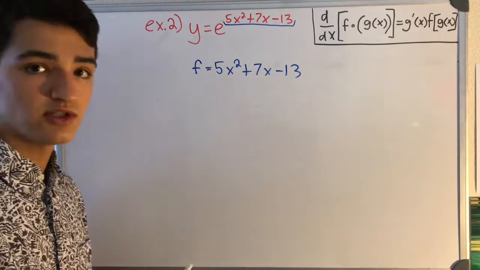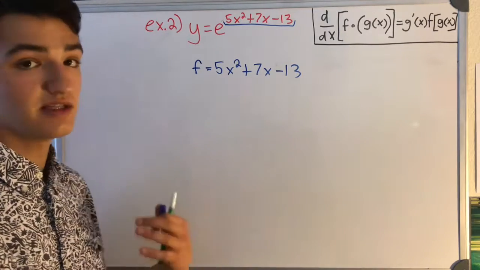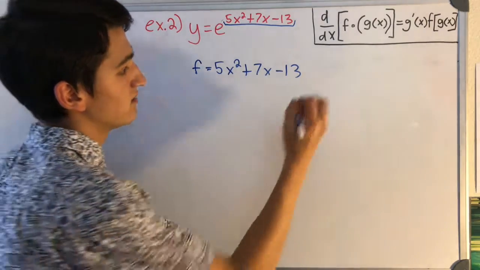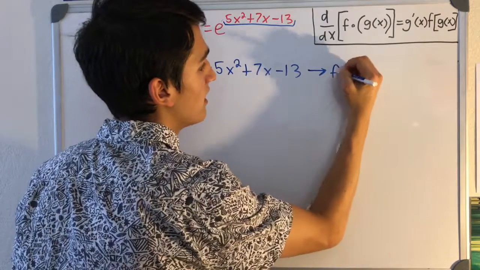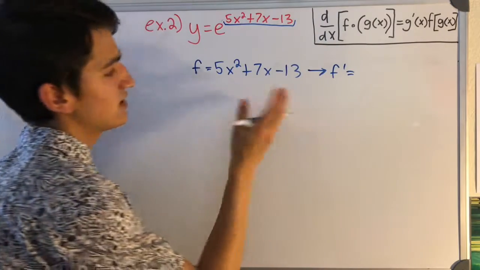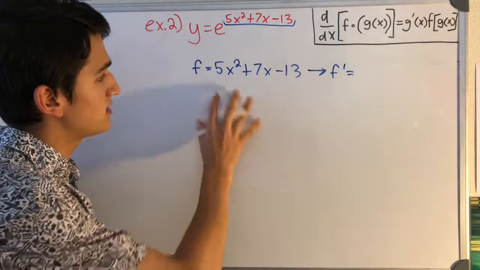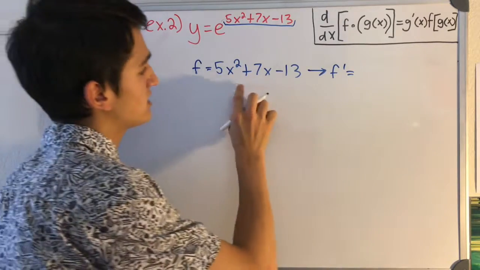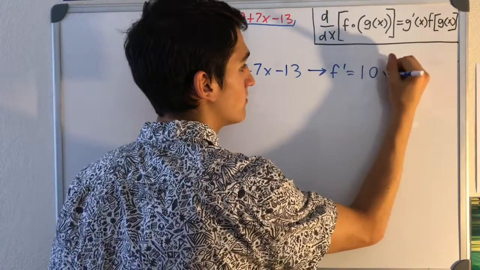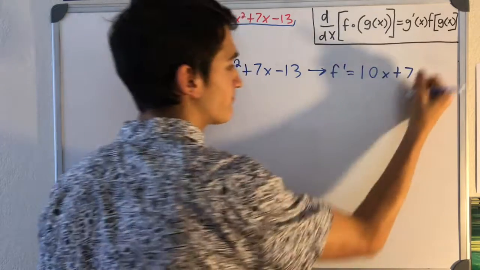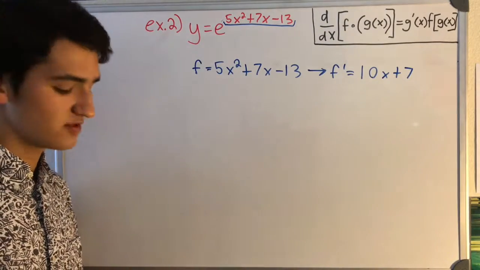Just like last time, we're going to take the derivative of that. So f prime equals, and this is just basic derivatives, 10x plus 7. Now we're done with that innermost function.